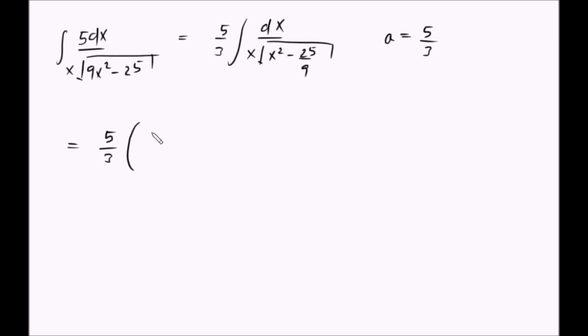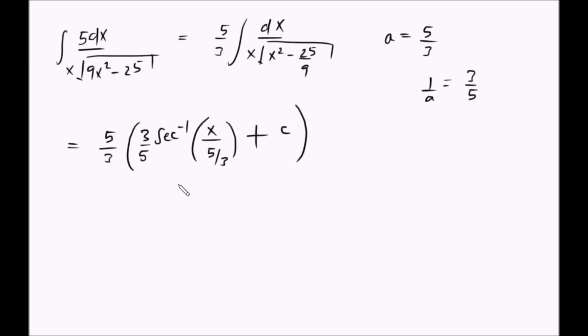So our a square ni huyu. So hapa ni 1 over a. So anyway 1 over a itakuwa ni nini? Itakuwa ni 3 over 5. Kwa hiyo 1 over a sec inverse x over a, a ni 5 over 3, plus nini? C. So finally our answer now, sindo hii swali letu initially, final answer itakuwaje?